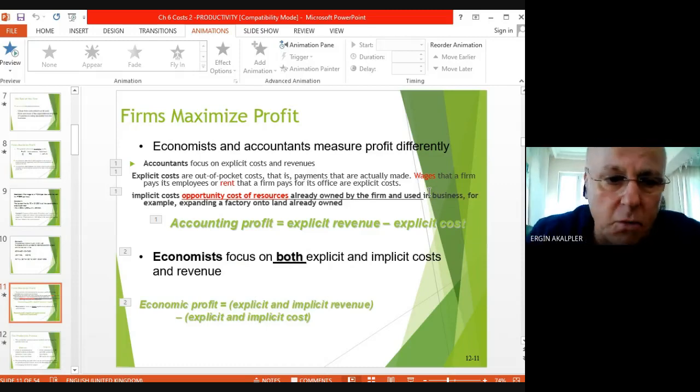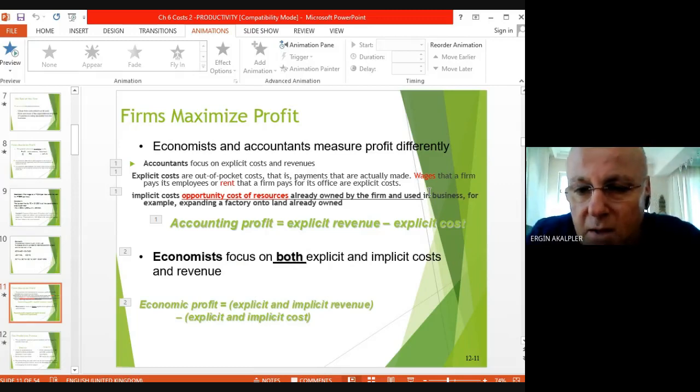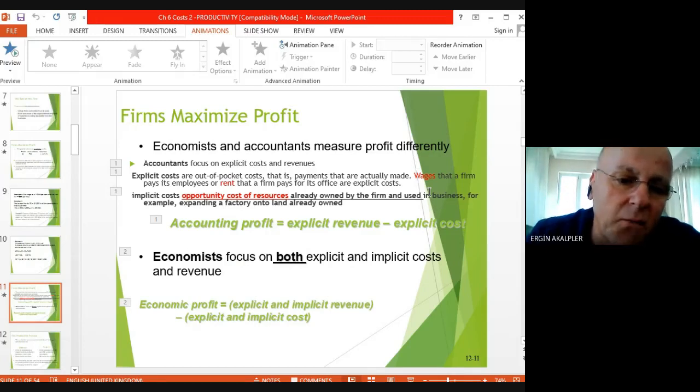An implicit cost is the opportunity cost of resources already owned by the firm and used in business, for example, expanding a factory onto land already owned.